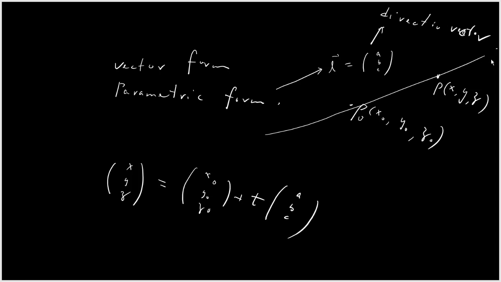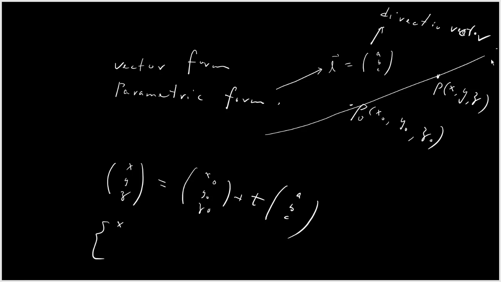And then equivalently, you compute two sides of the equation. Each side is a vector, and the two vectors are equal if and only if they have the same components. You compare the components of two sides of the equation. You have three equations. That's why we call them the parametric equations of a line.